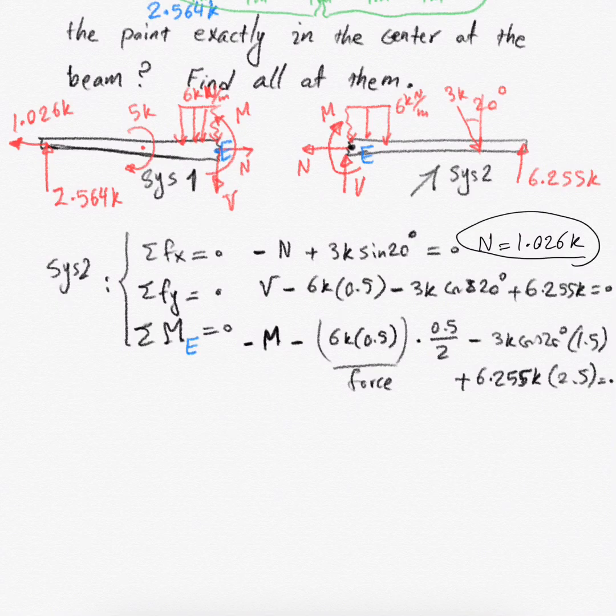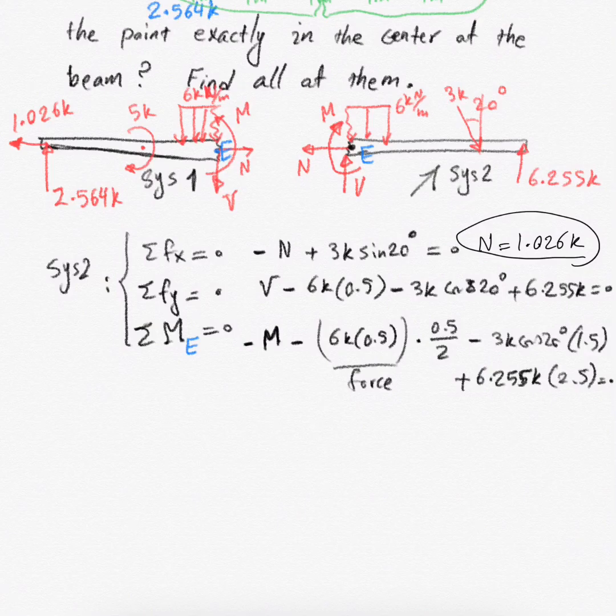So you have tension. Then you solve for shear load. Shear load is negative 6 times 0.5, negative 3 times cosine 20 plus 6.255 is equal to a positive, and you take it to the right, it becomes negative.